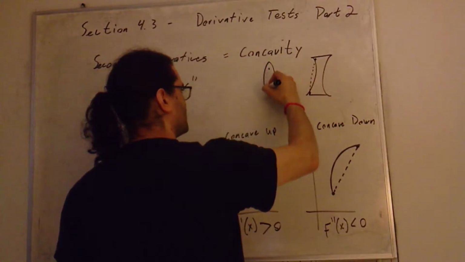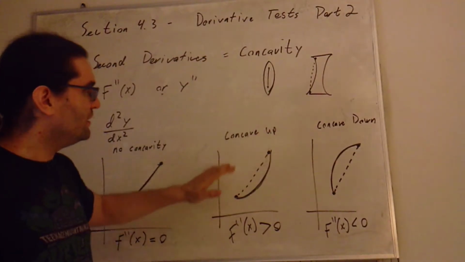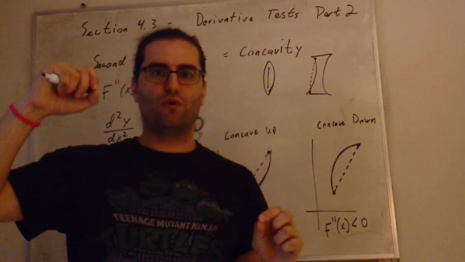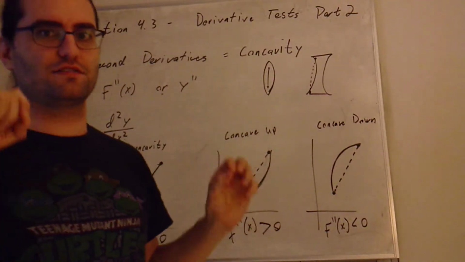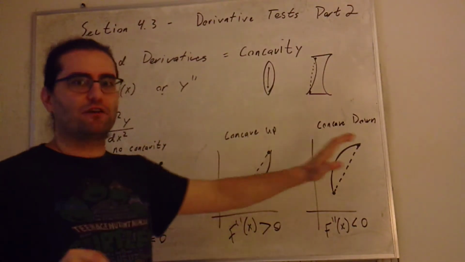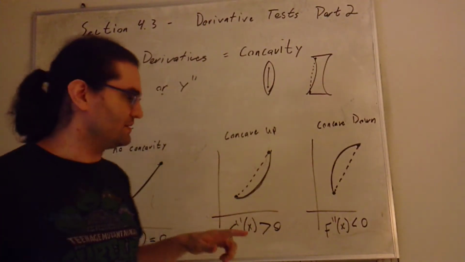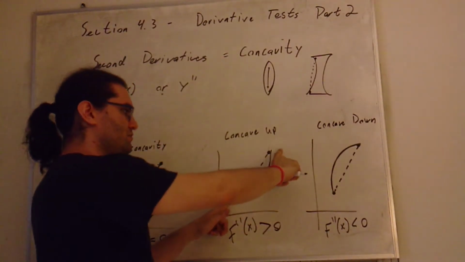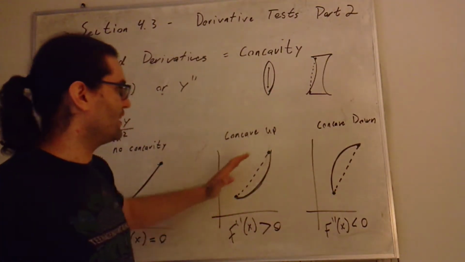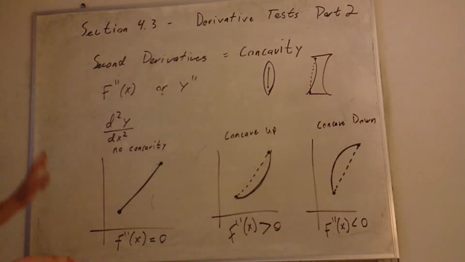This is convex, because if you connect 2 points, the line is always inside the shape. So this idea of concavity is about, if you connect 2 points inside the shape with a straight line, does that line ever exit the shape? When we're dealing with functions, we don't have enclosed shapes. We just have squiggles and lines. But we can still talk about, if you connect 2 points on this squiggle with a straight line, is the straight line above or below your squiggle? And that's the idea of concavity.